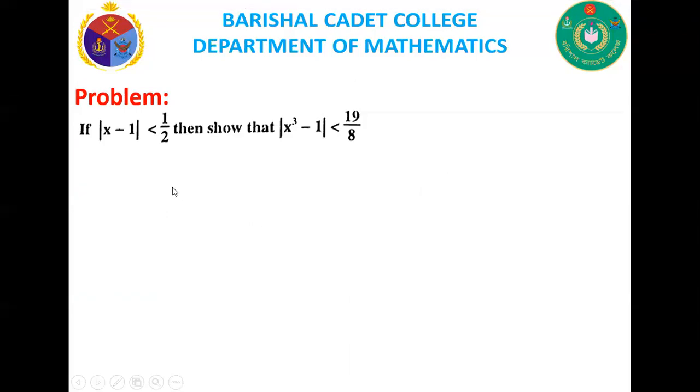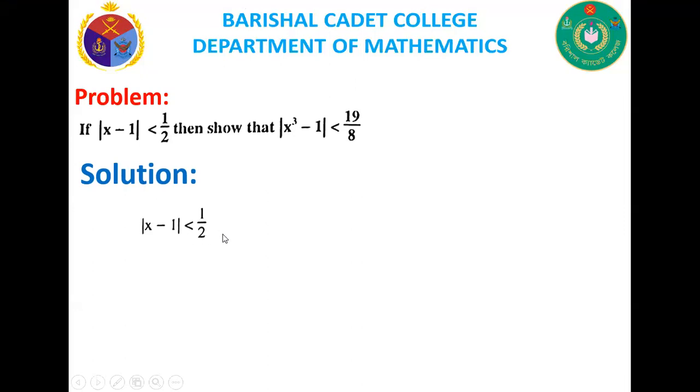Another problem. If modulus of x minus 1 is less than half, then show that modulus of x cube minus 1 is less than 19 by 8. So let's start. Given that modulus of x minus 1 is less than half.